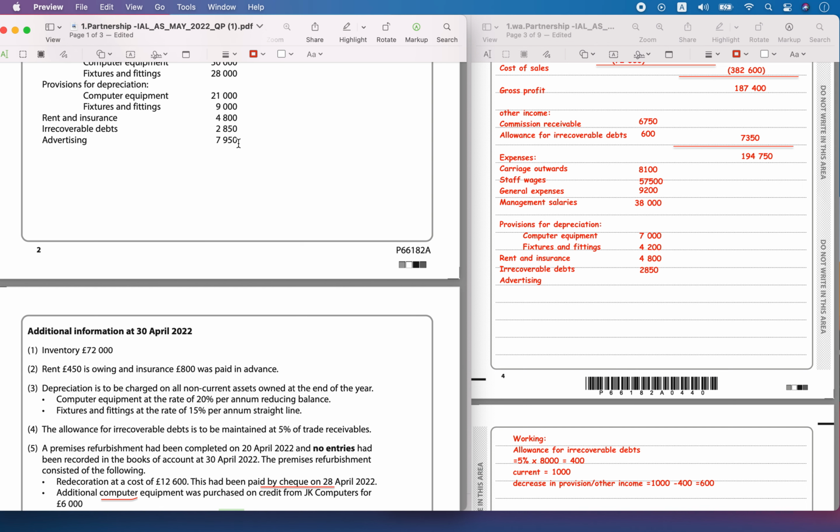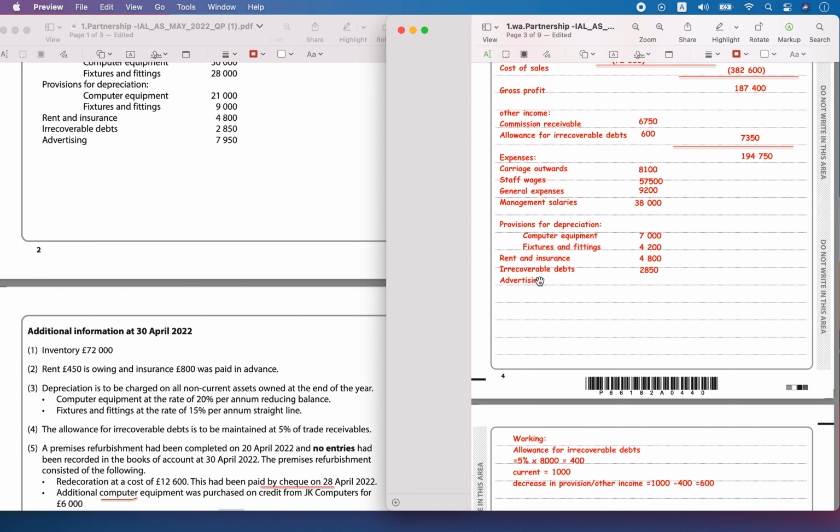So 7,950 plus 2,400 is equal to 10,350. So the total advertising expense would become 10,350.